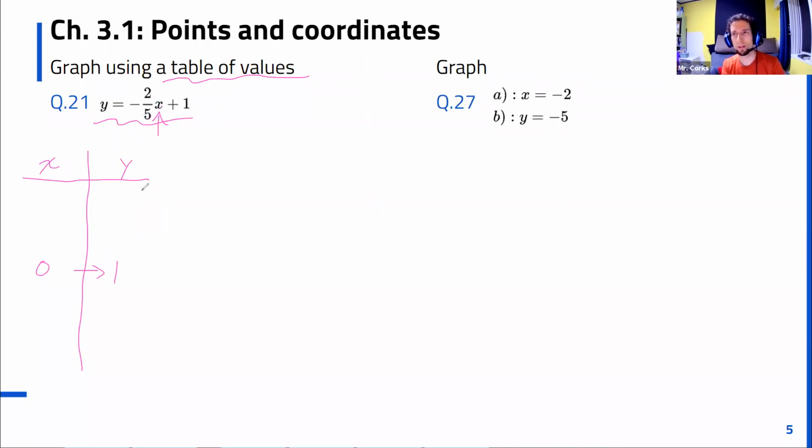What other values do we want to use in our table of values? 1 or -1, maybe 2 or -2. Those will work, but if we look at the slope here, if I look at this fraction, I think there are easier numbers that we could use.